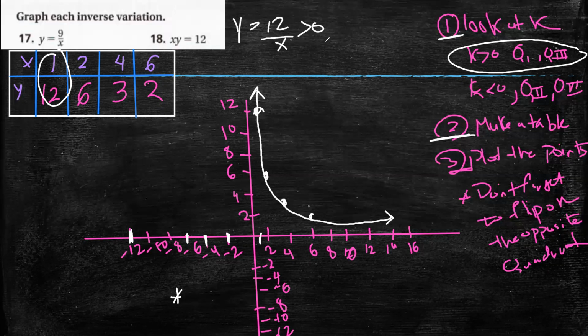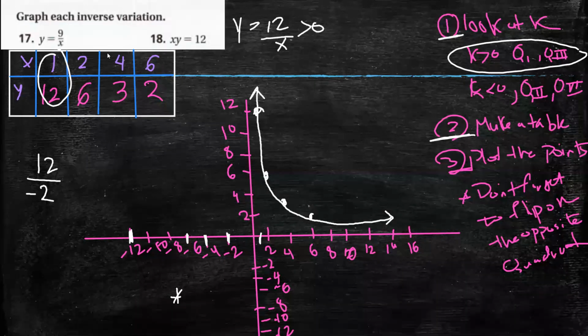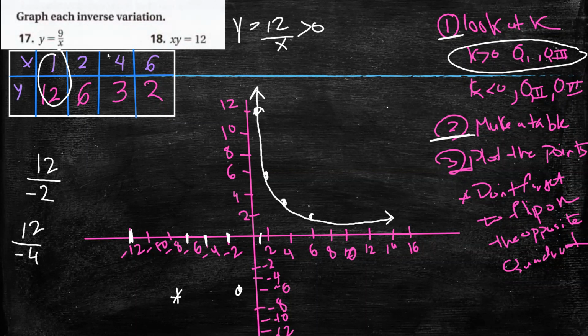Now at point negative 2, evaluate it in the equation here. What will the value of y be? It will be 12 over negative 2, negative 6. At point negative 4, it will be negative 3.